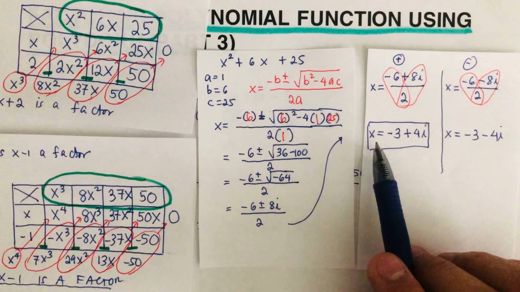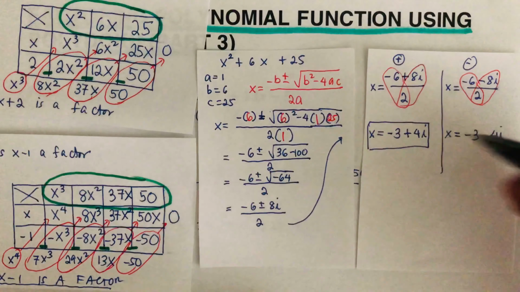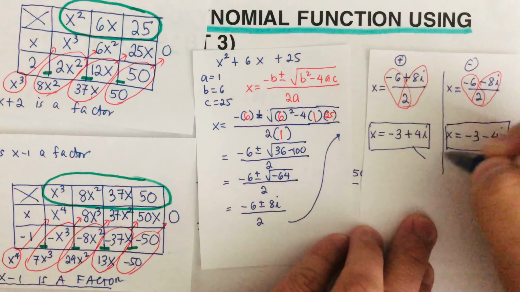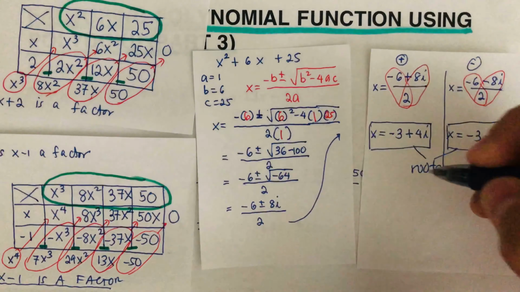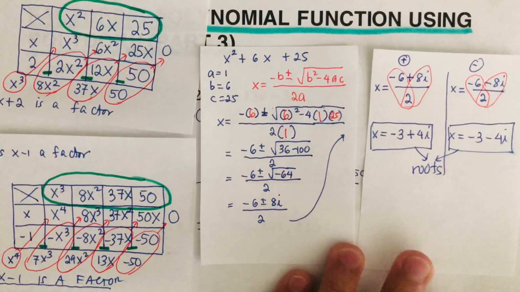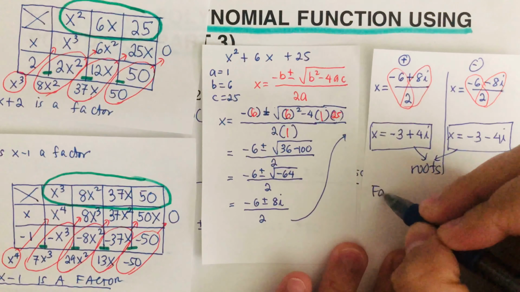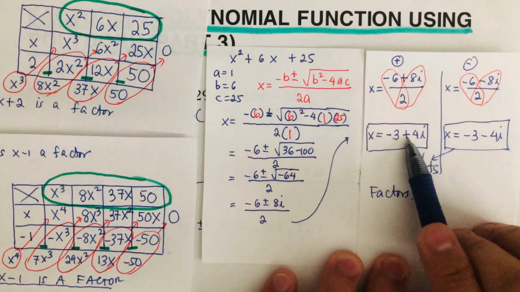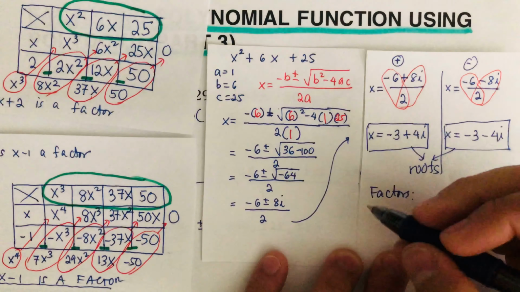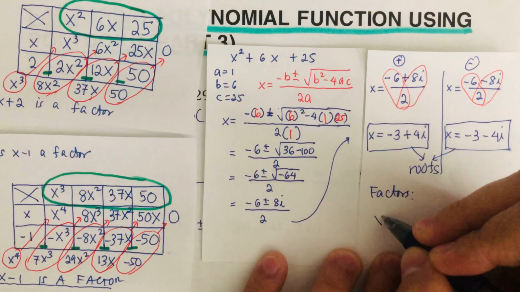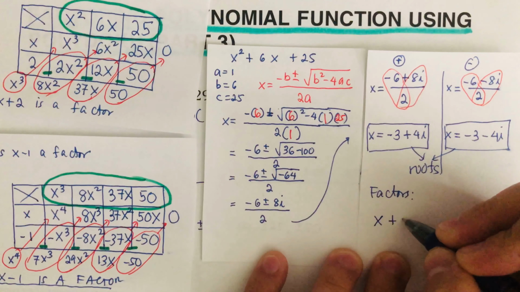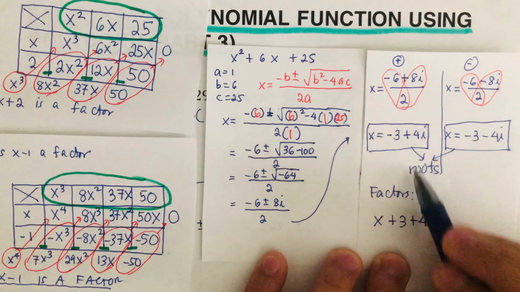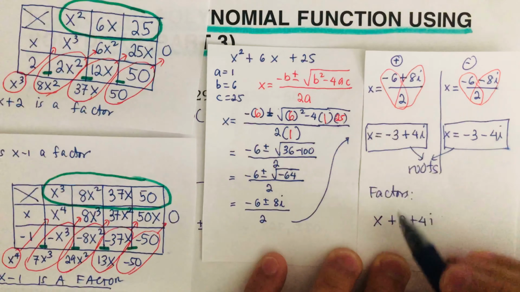Now, since this is a root here, remember that these ones right here are actually roots. So these are roots right here. We are supposed to find the factors. So in order that we can determine the factors, we just go ahead, switch and keep, switch and keep. So then we can say that the two factors are x plus 3 plus 4i. So what I did was I switch and keep, switch and keep.